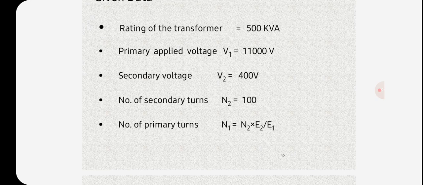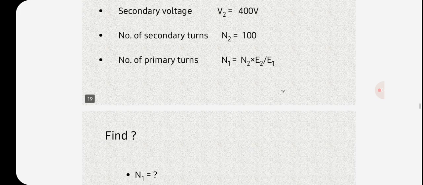From the transformation ratio we can calculate the N1. N1 by N2 is equal to E1 by E2. So from that equation, N1 is equal to N2 E1 by E2.